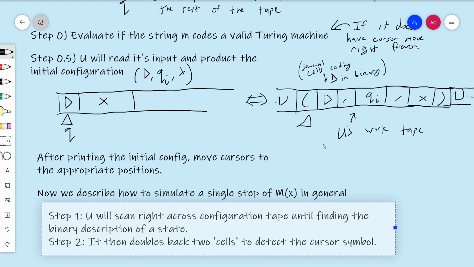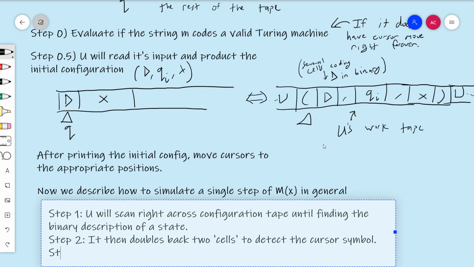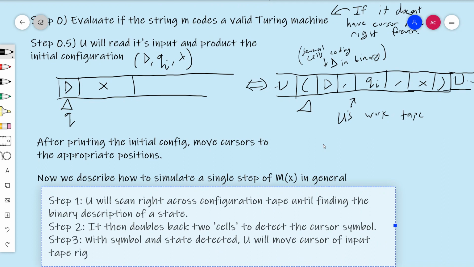Once it has that information, with symbol and state detected, machine U will move the cursor of the input tape right in search of a matching state.